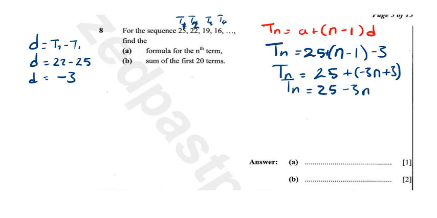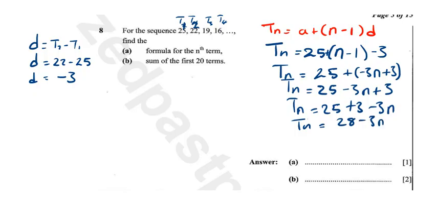You group the like terms: 25 plus 3 minus 3n. Tn will be equal to 25 plus 3, which is just 28, minus 3n. So this is the formula which, when we use it, you are going to find the terms.